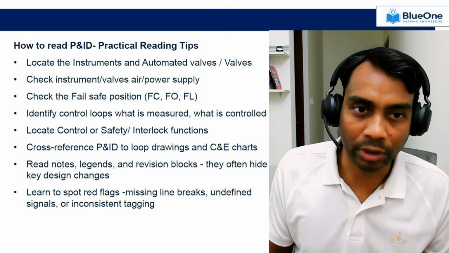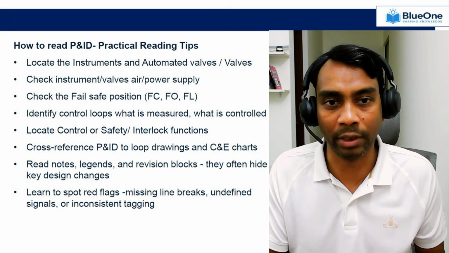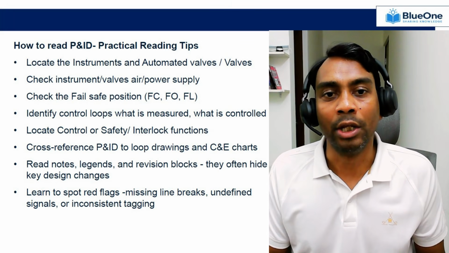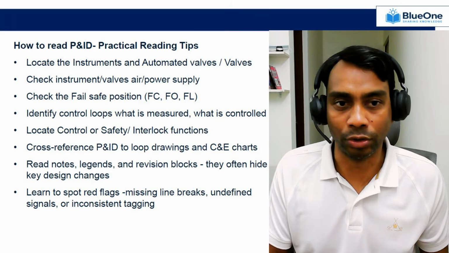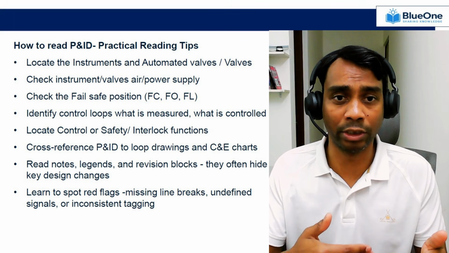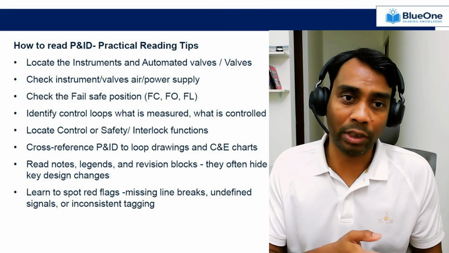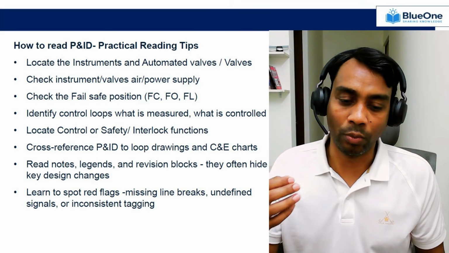Further, you can check its fail-safe position: fail close, fail open, or fail in last position. If it is a manual valve, you can check whether it is car-sealed open or car-sealed closed. Once you understand your instruments and valves, you can deep dive and see what control loops are available in your P&ID.